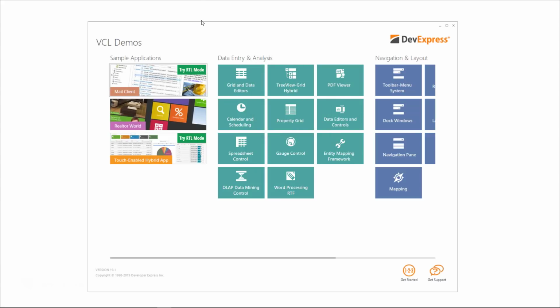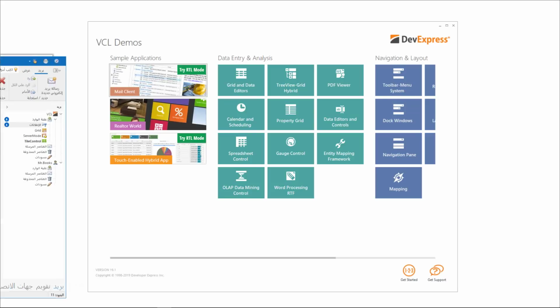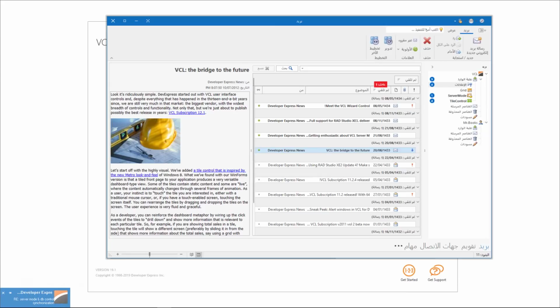So it's going to come up on my other screen, so I'm going to drag it over. Apologies. Here it comes. Now, this demo clearly shows the improvements we've made over the past year or so with regard to right to left languages. We have the ribbon at the top, the navigation control down here at the bottom.